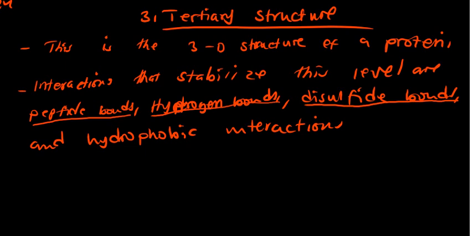When you have two cysteine reacting, they form a disulfide bond. Then hydrophobic interactions, these are interactions that arise due to the non-polar amino acids that are close to one another. So these are just induced interactions between non-polar amino acids on the side chain.